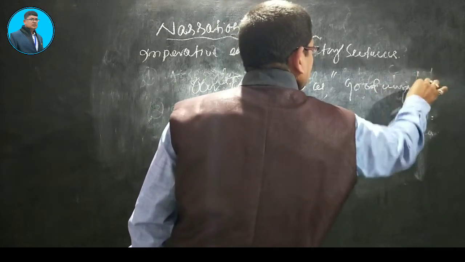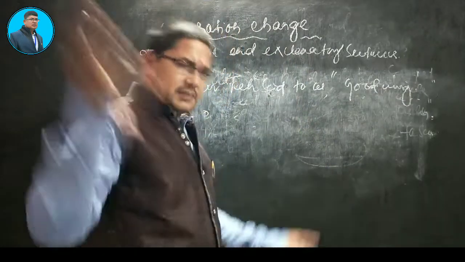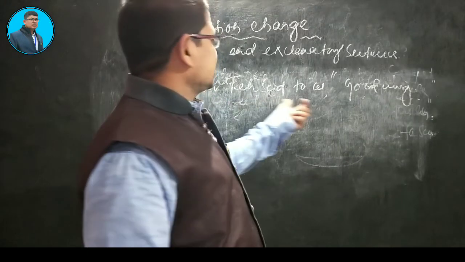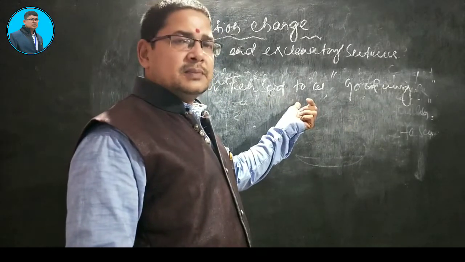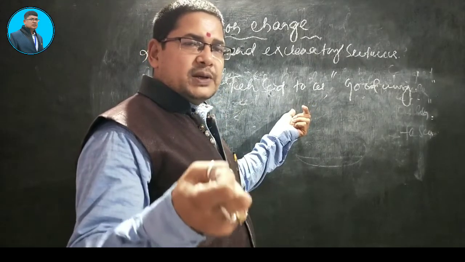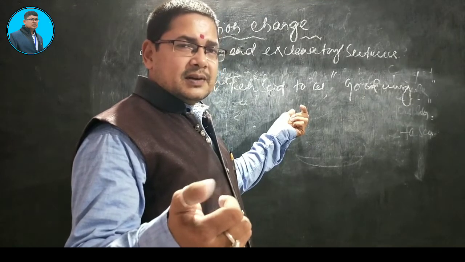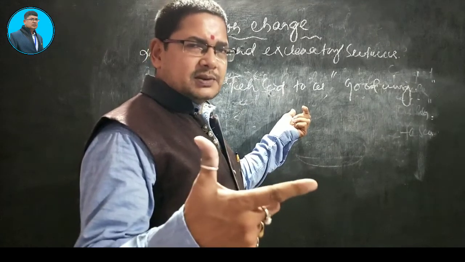No exclamation marks, optative sentences, but these are part of exclamatory sentences. Still, it is a part of exclamatory sentences. So our teacher said to me, good morning. Now what happened here? What will you use? What are the verbs I have told you? Wished, prayed, greeted, exclaimed. Yes, exclaimed with sorrow, exclaimed with joy. These are the words that are used.